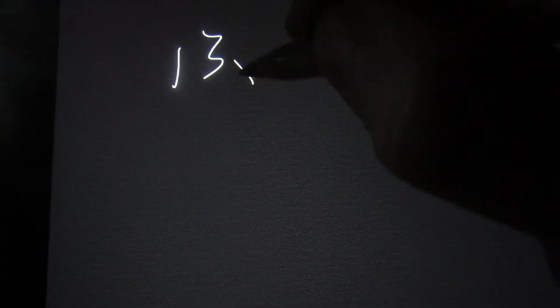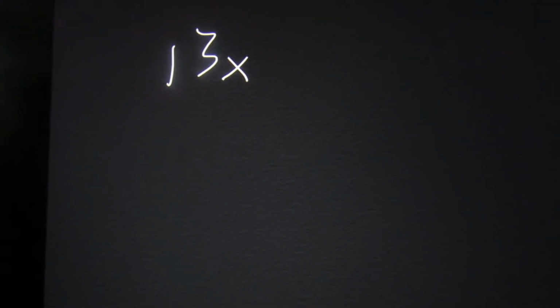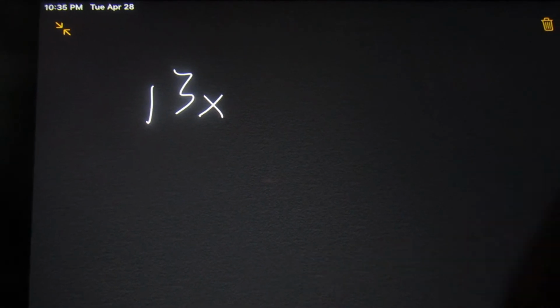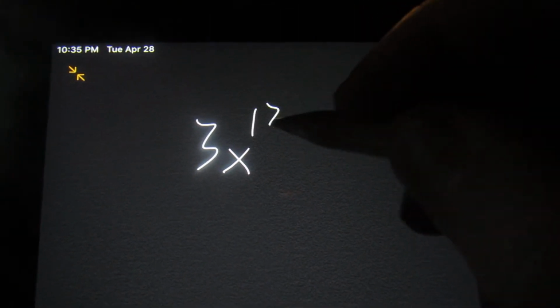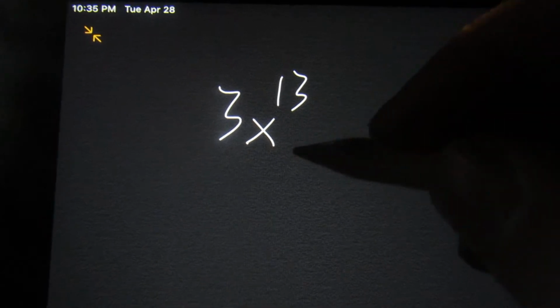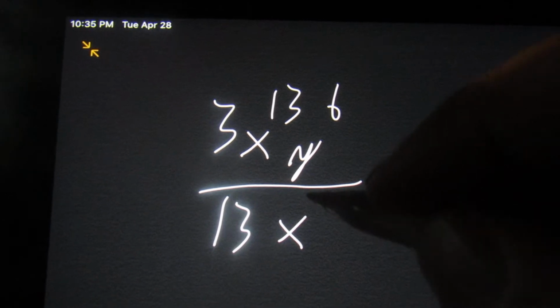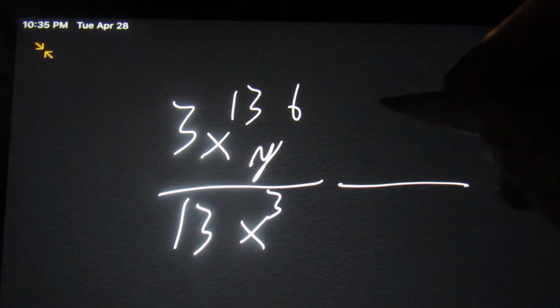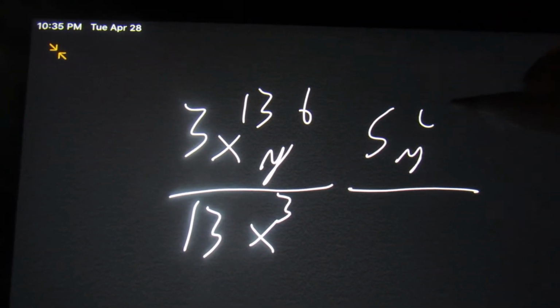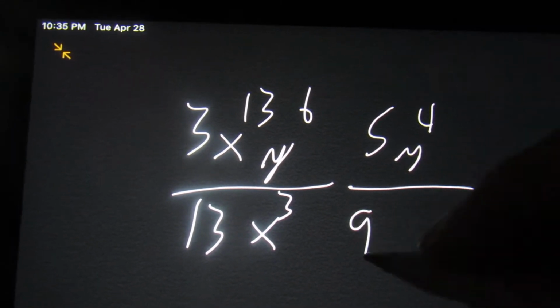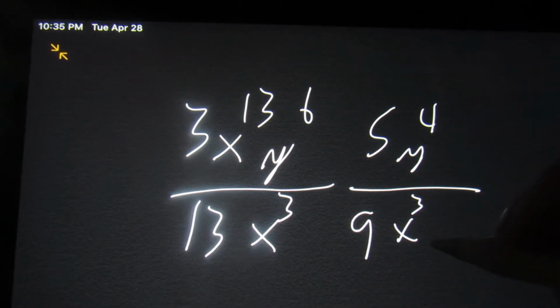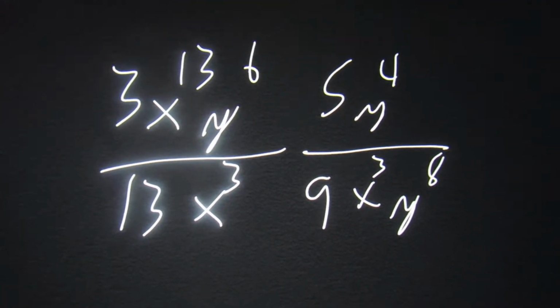Next, let's say that we have 3x to the 13 y to the 6 over 13 x to the 3 times 5 y to the 4 over 9 x to the 3 y to the 8.